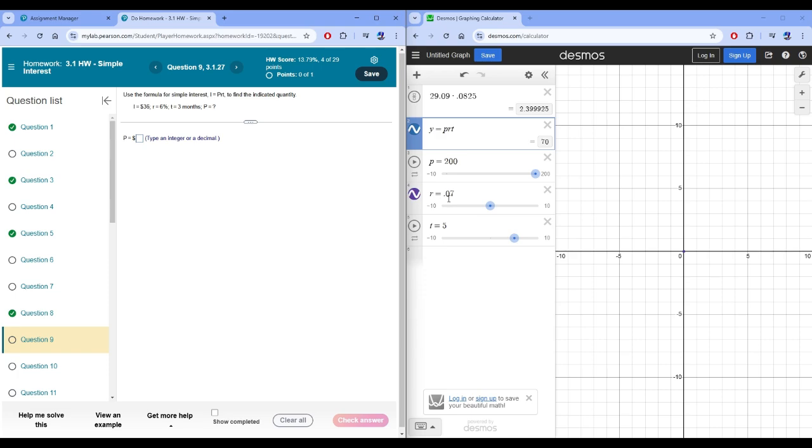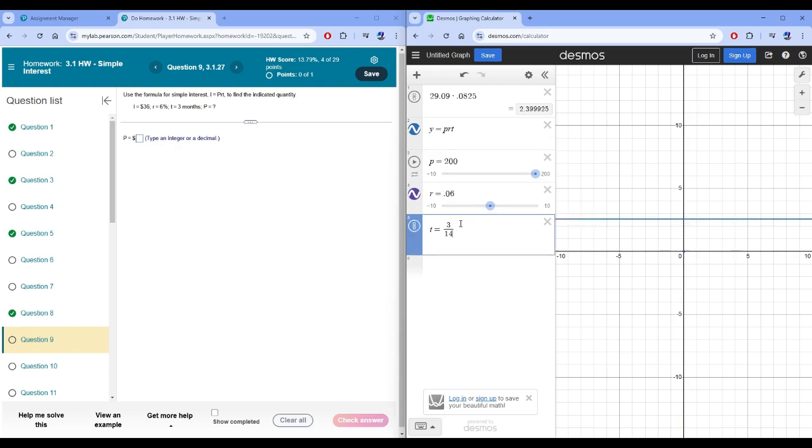Now the cool part about this is that I have to work backwards. Was it 6%? And then my months would be 3 out of 12 for the year.